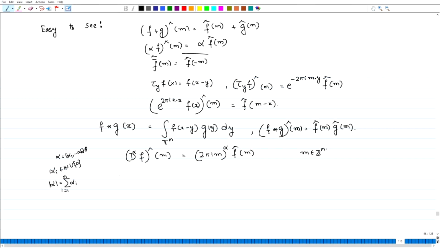Then one of the most important things is the trigonometric polynomial.